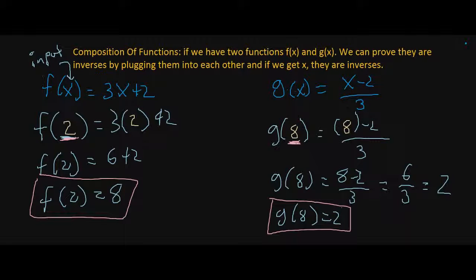If we plug in 2 and we get 8, then if we plug 8 into here, we should get 2, right? What goes around comes around. Inverses do the opposite of what the original function did. If you put in 2, it comes out 8. In the inverse function, we put in the 8, we should get back to 2. We're going back to our starting point, all the way back around.